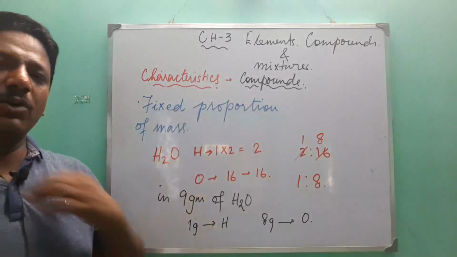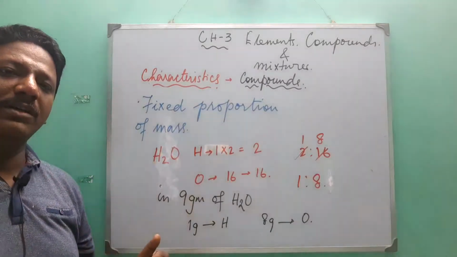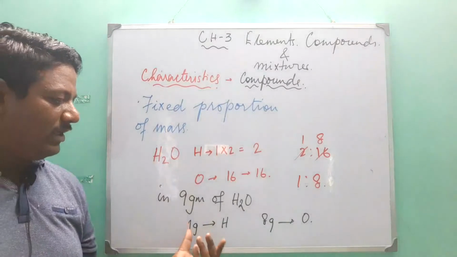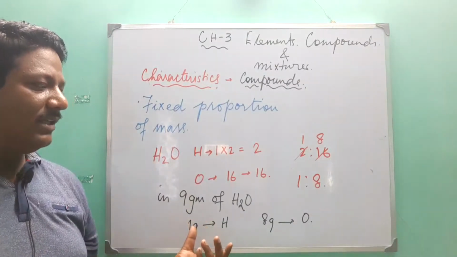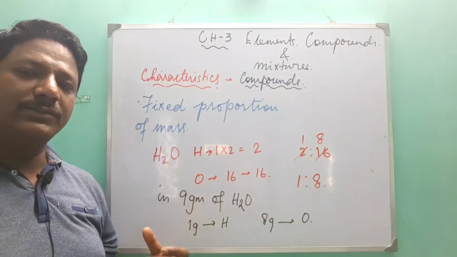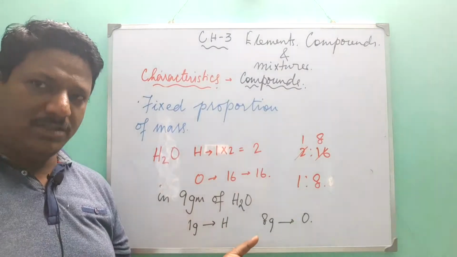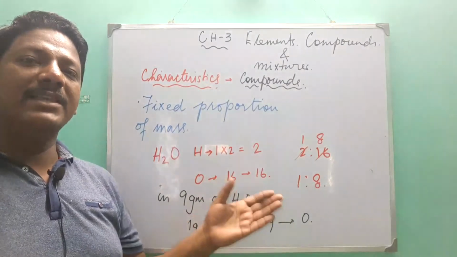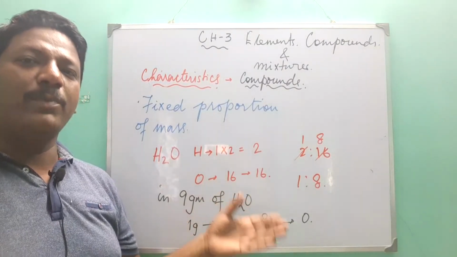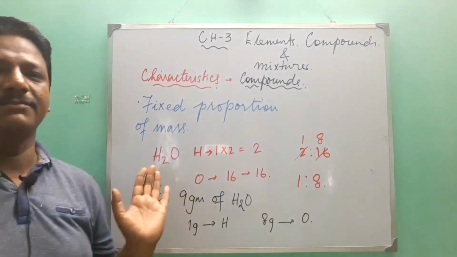Wherever you go, if you analyze the composition of water, you will find that the ratio of the hydrogen and oxygen in water, by their mass or weight, is always 1:8.